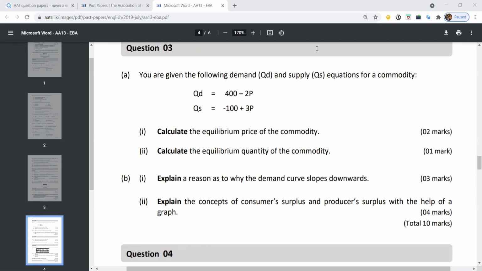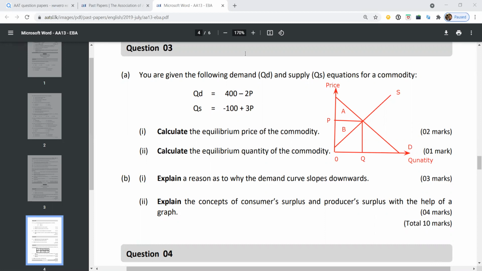In here, we are supposed to draw up a diagram. Right. So I put here the diagram.